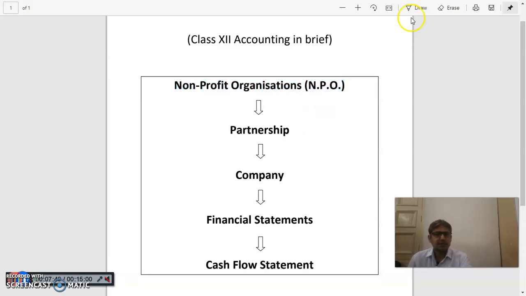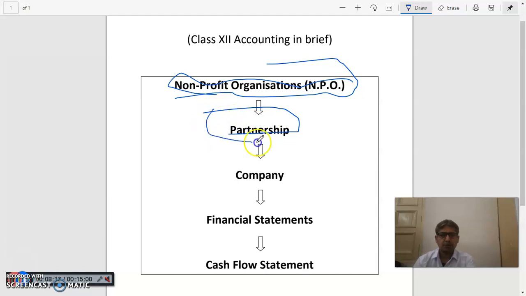So the first thing is non-profit organizations, and this we have done. So NPO we have done, and second is partnership.